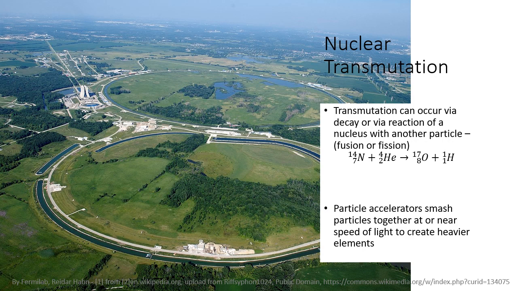If you look, you can see parking lots with itty bitty cars. To give you perspective, the radius of these things is about a mile. So they're very large and they produce very high energy particles going very fast.